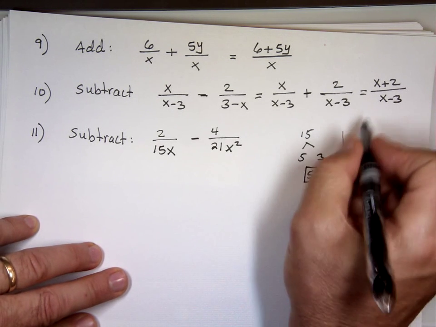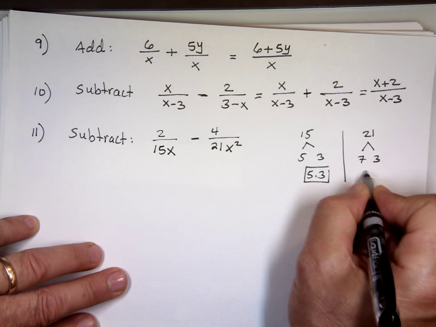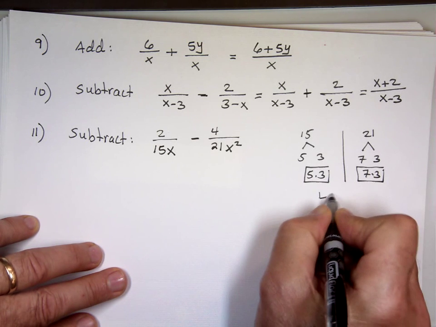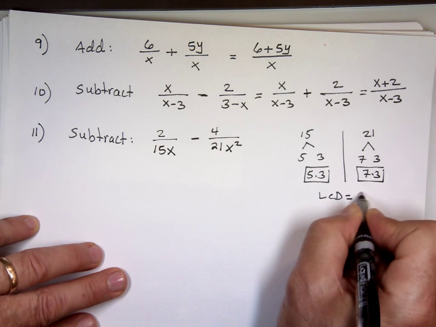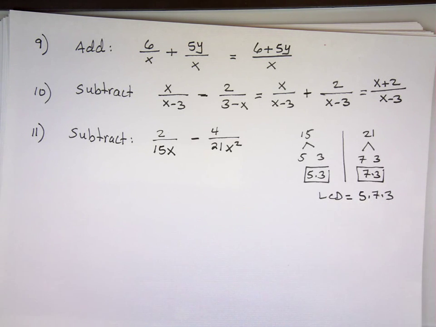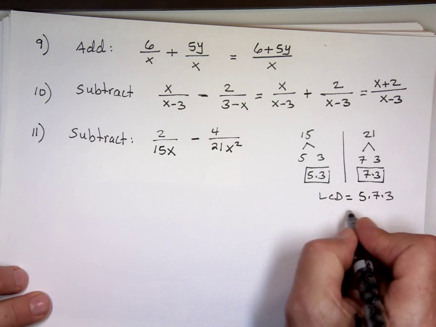The 21 is 7 times 3. These are prime numbers. Can't simplify them anymore. So your LCD for the numbers is going to be the multiplication of all the different factors, each of them raised to its highest power. 5 times 7 is 35, times 3, 105.